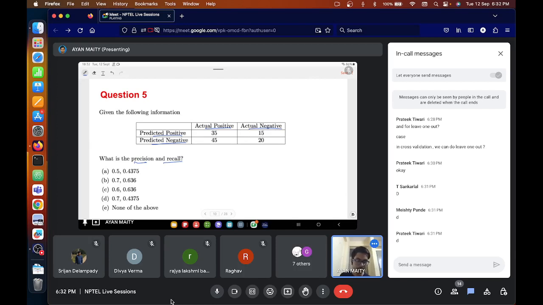I have received 3 answers in the chat. All 3 answers are option D. So precision is 0.7 and recall is 0.4375.